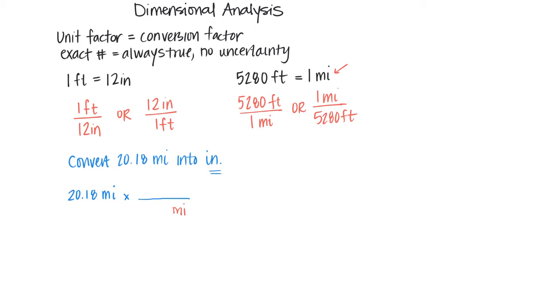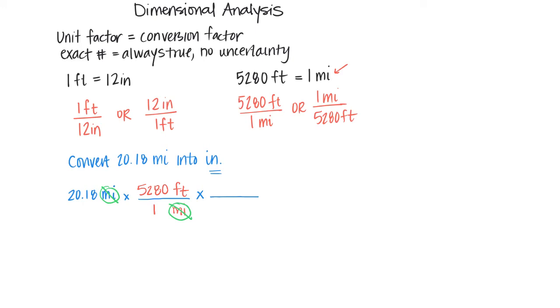So filling in our unit factor, 1 mile is 5,280 feet. Miles and miles cancel out, and if we were to stop here, we would have converted our miles into feet. But we need to convert into inches, so we must continue.